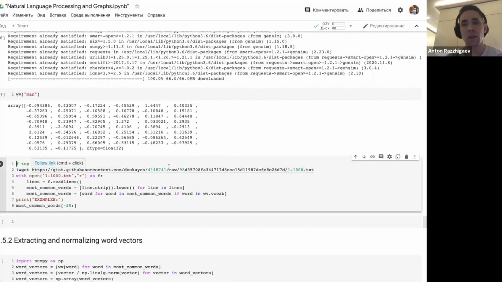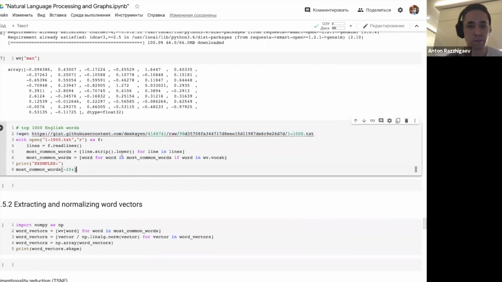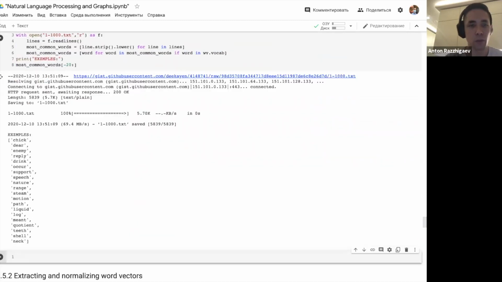Now let's play with 1000 most popular, most common words in English. We can download this list of words with this link through WeGet, and then calculate word embeddings for these words.